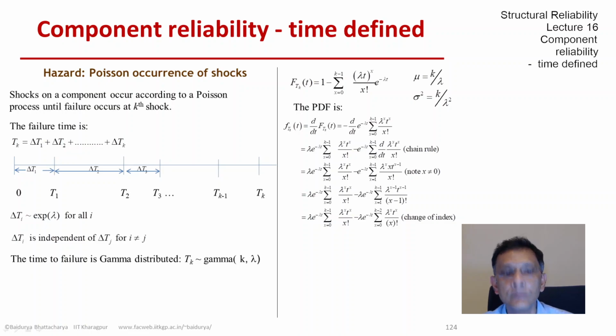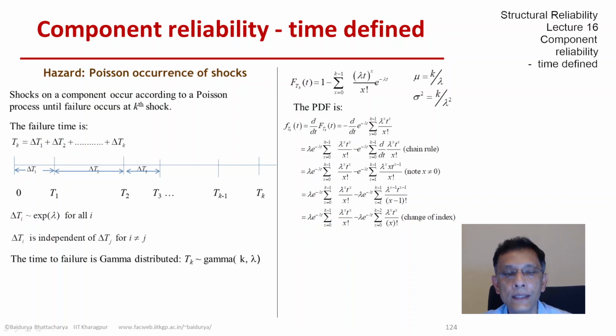Once we do the algebra and undertake a change of index, both of the sums now start from x equals 0, but the first one ends at k minus 1, while the second one, because of the change of index, now ends at k minus 2.